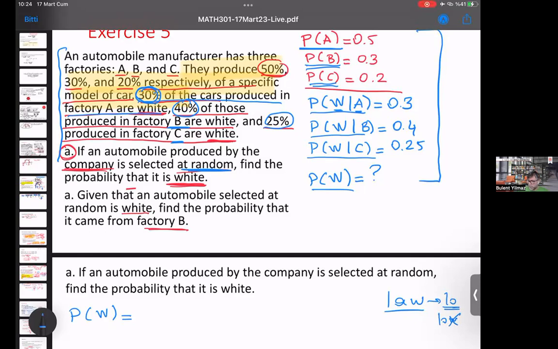How do I write the law of total probability?